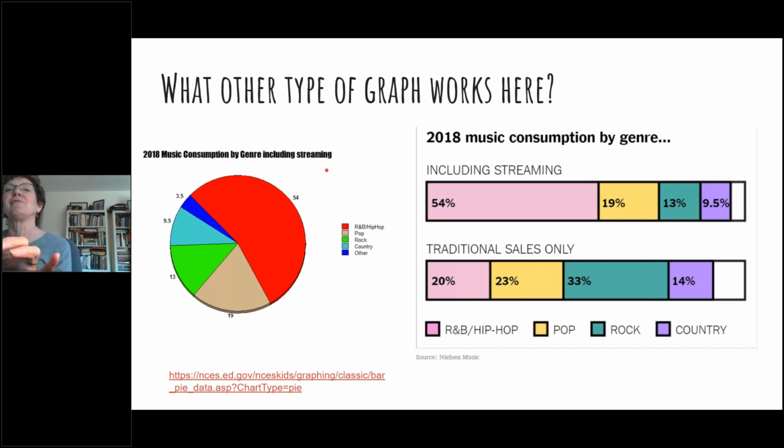It was very easy. I put in R&B, hip hop, 54%, pop, whatever, 19. I just typed this in and it created this pie chart for me in like a tenth of a second. It was amazing.